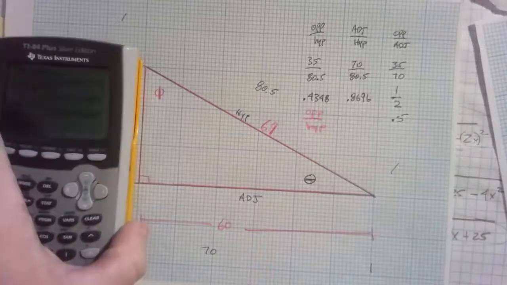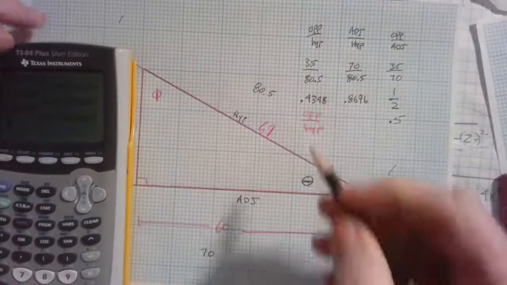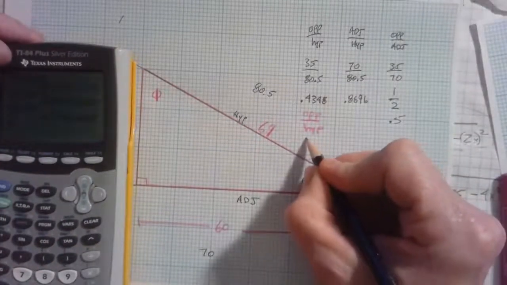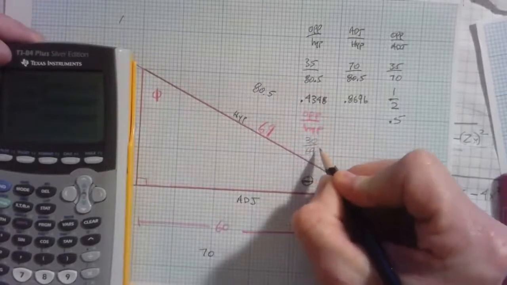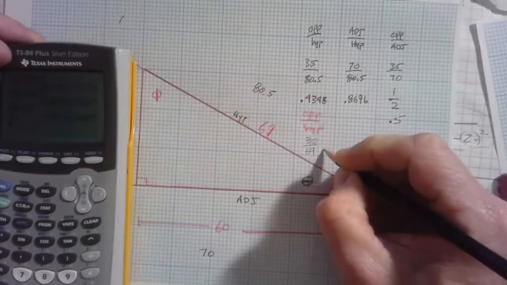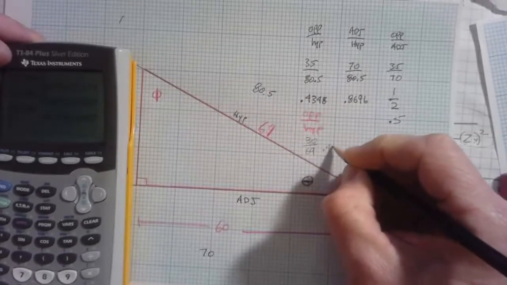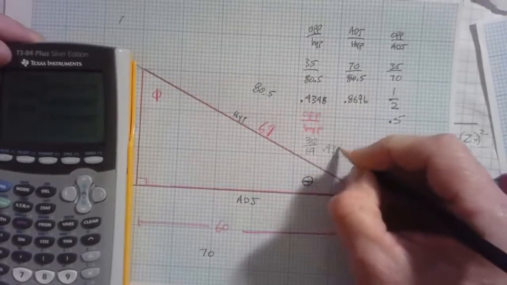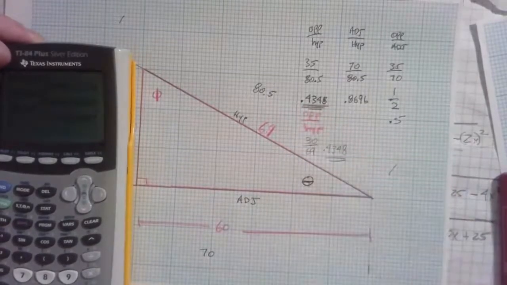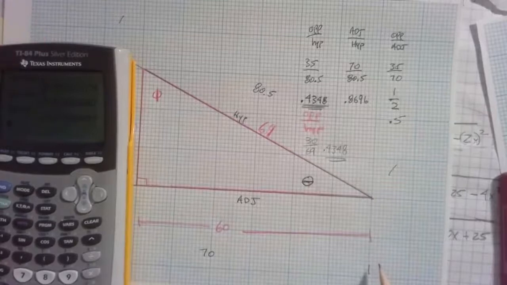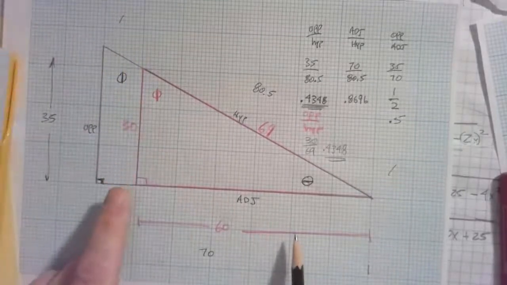Interestingly enough, if I do it for the pink, where I do 30 divided by 69, I get 0.4348. I get the exact same number. Because the ratio, the proportion hasn't changed.